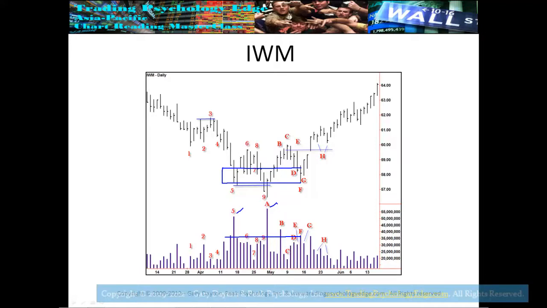I would have liked to have seen the close up here on the high or right near the high. That would have made me a happier camper. But you don't always get what makes you happy in trading. So you'd be aware of this, and the next day, this is a great spot to be looking to make a buy opportunity. You want to see the market start to rally.